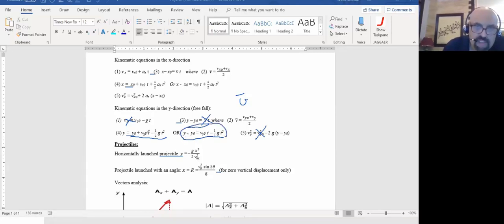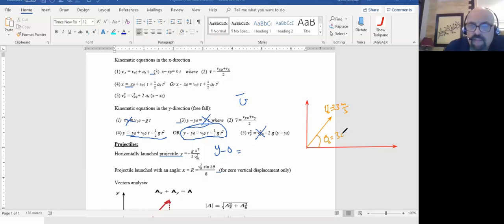So we have only this equation to use. Remember, this equation is the same as this equation. The only thing is just moving y to the other side here. y minus 0, we know the initial position is 0, equal to the initial velocity in the y direction. We know the speed is 23 meter per second, and we know the angle is 30 degrees.